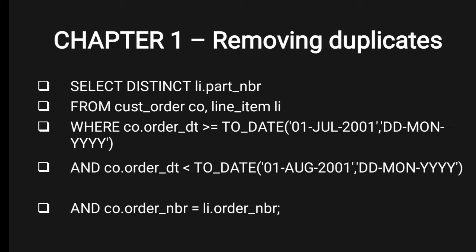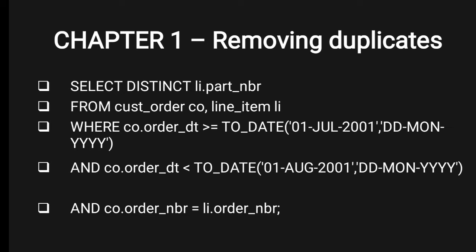This query returns the distinct set of parts ordered during July of 2001. Without the distinct keyword, the result set would contain one row for every line item of every order, and the same part would appear multiple times if it was included in multiple orders.